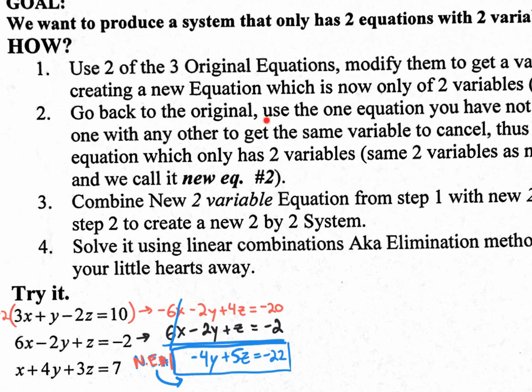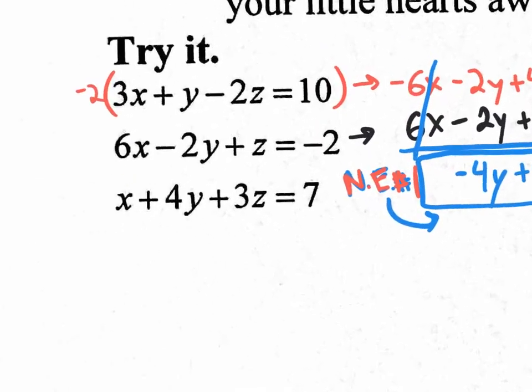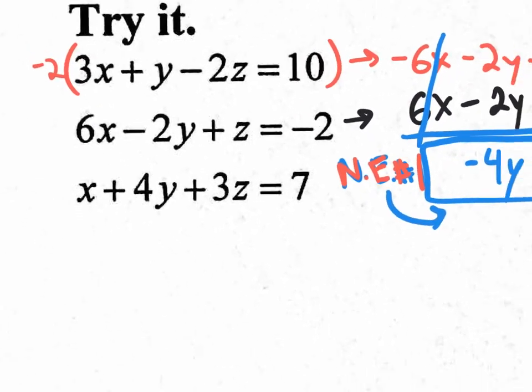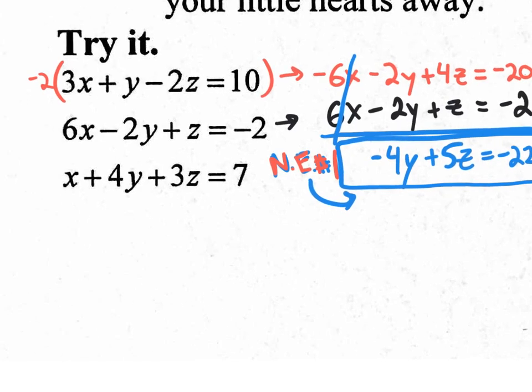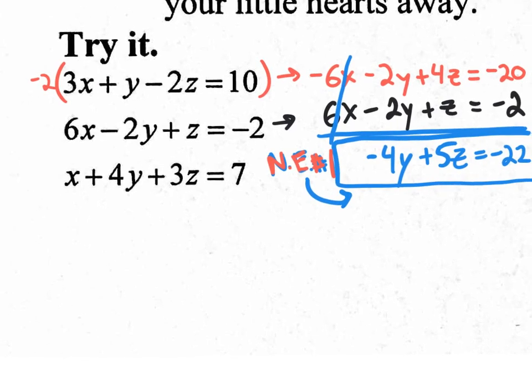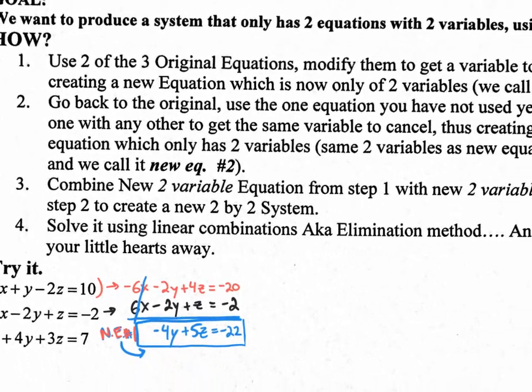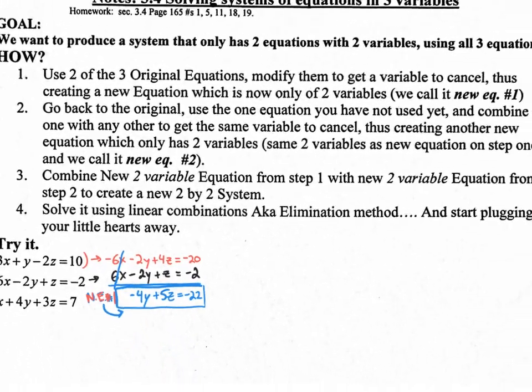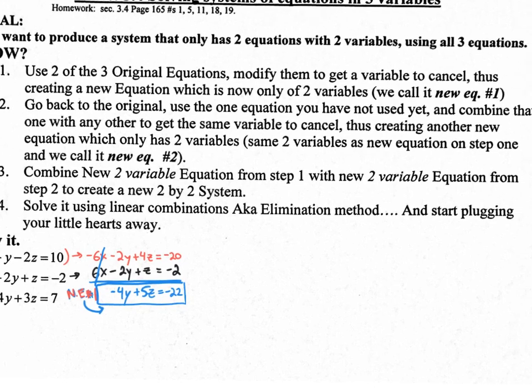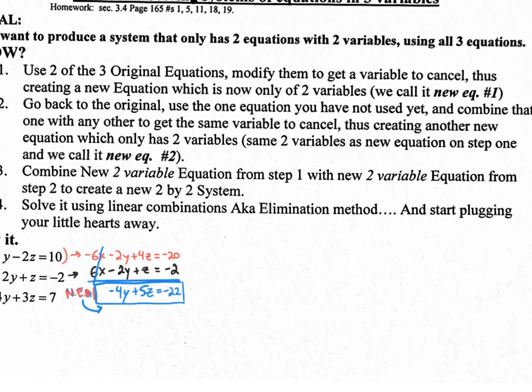Go back to the original, use the one equation you have not used yet. Okay? So which one have I not used yet? The third one, right? The bottom one. So x plus 4y plus 3z equals 7. So we want to use that third one, but what else does it say? It says use that one you haven't used yet and combine that one with any other to get the same variable to cancel. You know what?